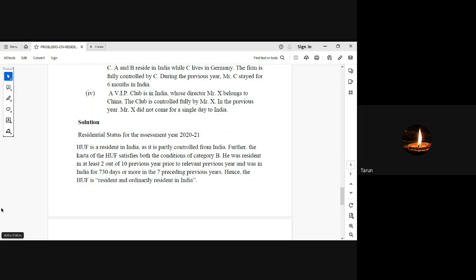You have to write down that this basic condition has been fulfilled, and what the basic condition was, and accordingly it is called a resident of India in the relevant previous years. So this is a very easy way to estimate. The language given in this particular PDF is also very easy, so I will share it in the group as well.